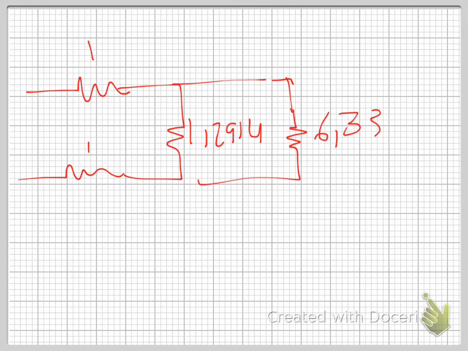Now these two in parallel, A plus B multiplied by 6.33 divided by A plus B plus 6.33. That gives you a value of 1.0726.